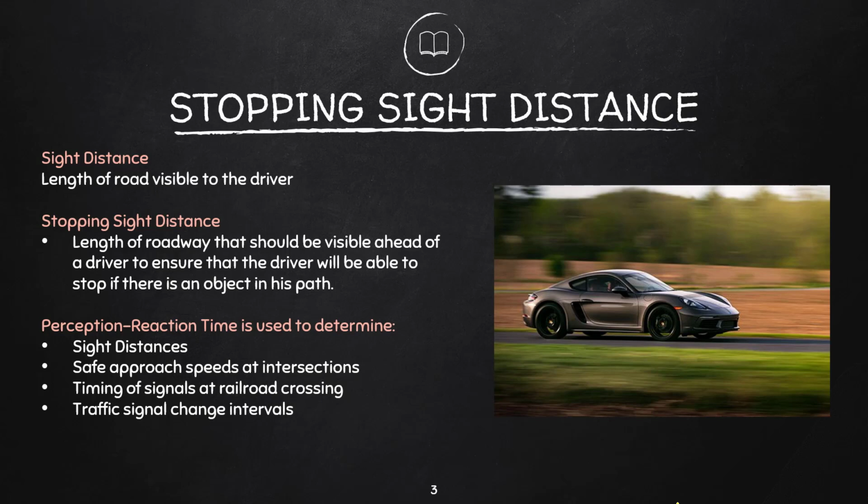So if you want to have a recall of this concept, you just watch Unit 1 and 2 of this Module 3. So these are needed in the determination of the sight distances, perception reaction time.